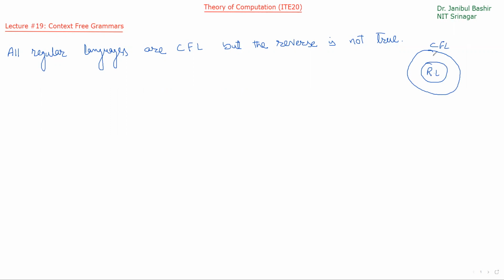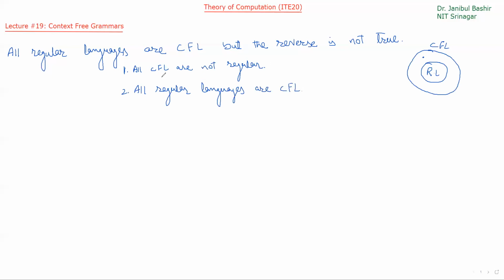To prove this statement, we have to prove two things. First, we have to prove that all context-free languages are not regular. And second, we have to prove that all regular languages are context-free languages.